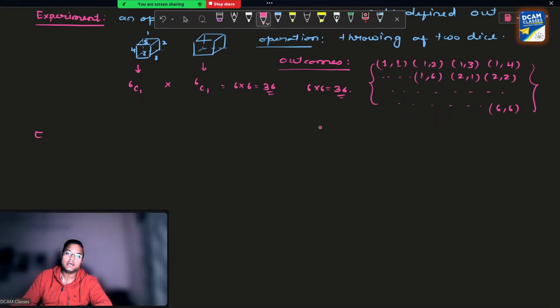Now I'll teach you about events. Do you know something about events? Events are simple things only. Actually, these definitions they won't ask. It's not useful. Event is something, some event. Events may be of different types. Simple event.